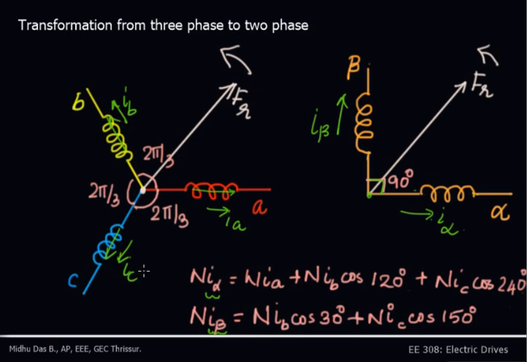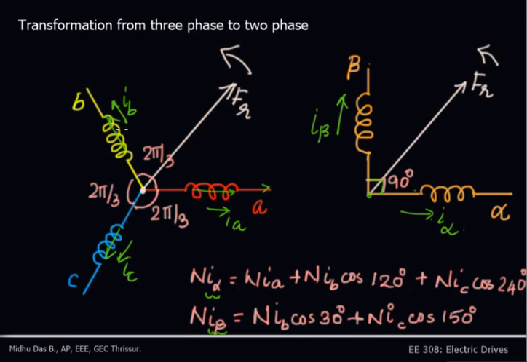So what is done here is we are finding the component of these three MMFs along the alpha direction and beta direction. Here Ni alpha is the MMF produced by this equivalent two-phase winding along the alpha direction, and Ni beta is the MMF produced by this two-phase system along the beta direction. So Ni alpha will be the component of Nia along this direction, which is Nia.